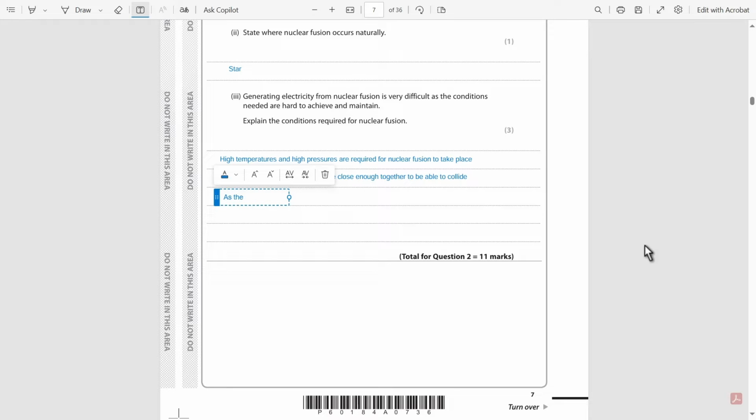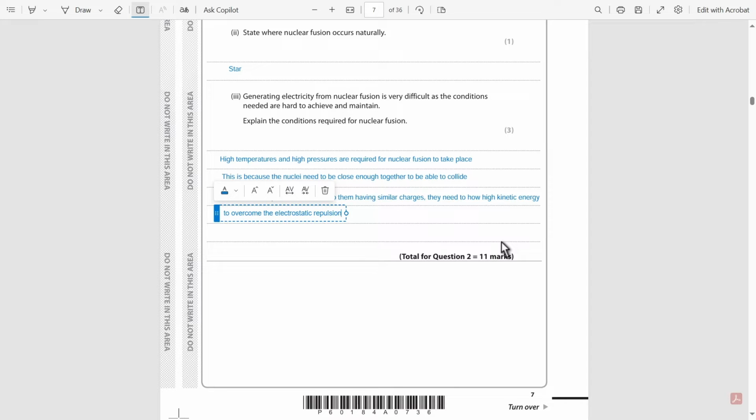As the nuclei repel each other, due to them having similar charges, they need to have high kinetic energy to overcome the electrostatic repulsion. There we go.